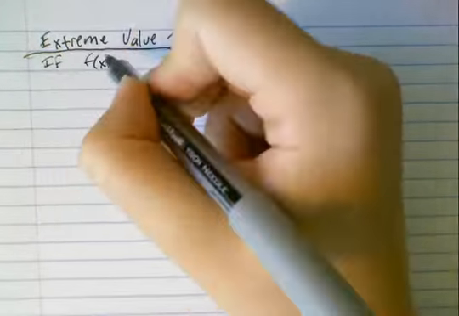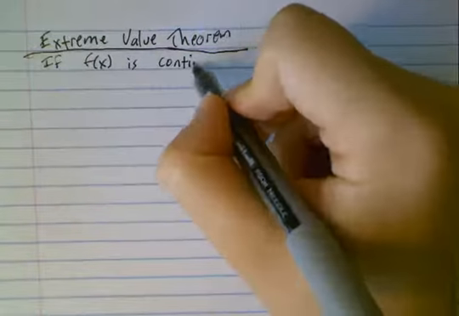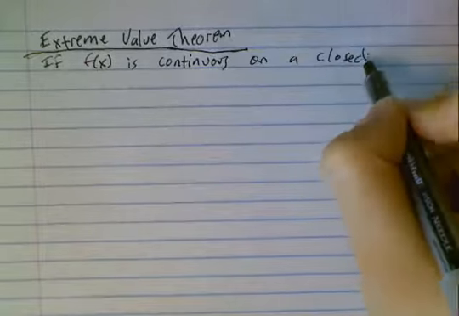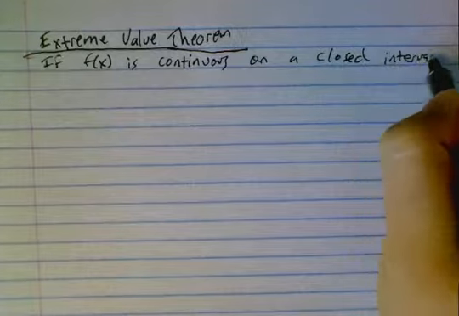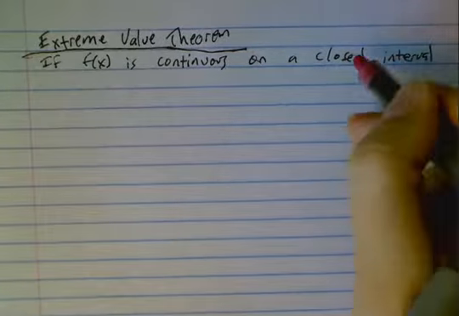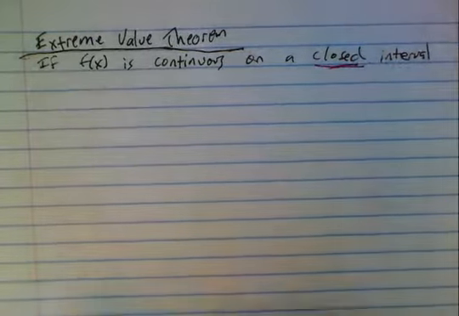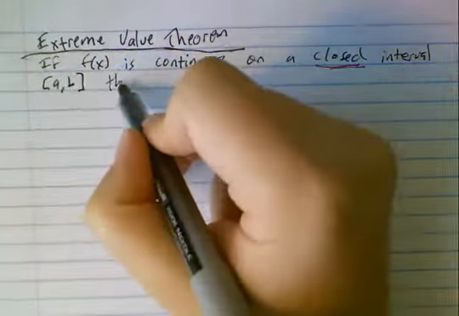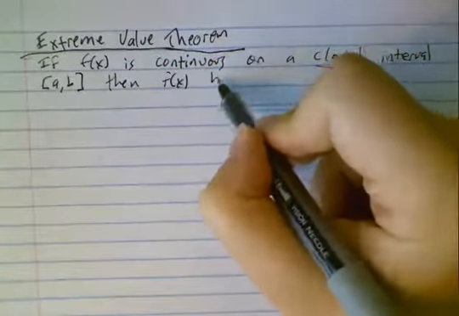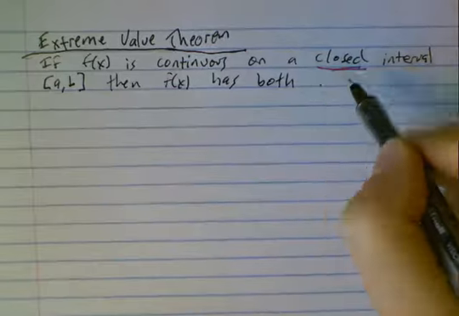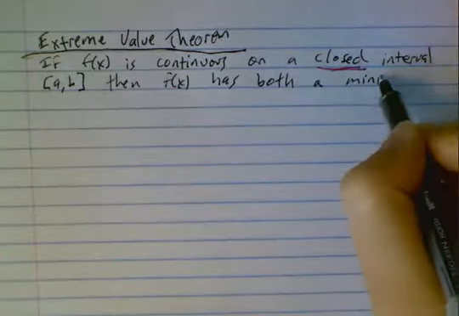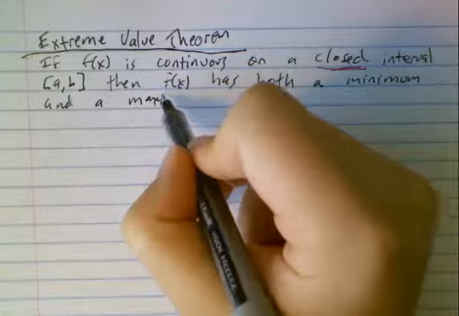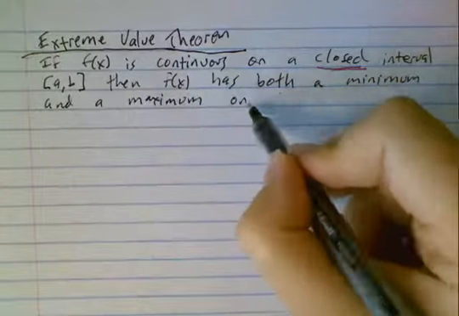If f of x is continuous on a closed interval [a, b], here we're back again to just continuous, but here the keyword is closed, then f of x has both a minimum and a maximum on that interval.